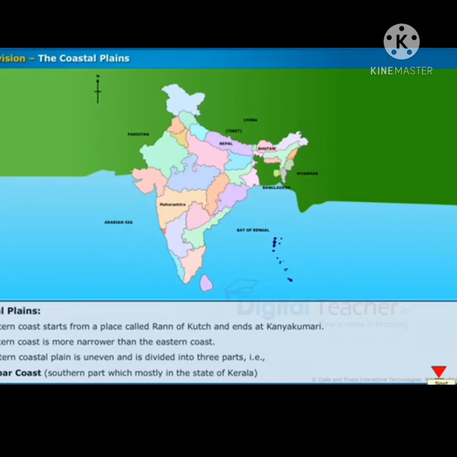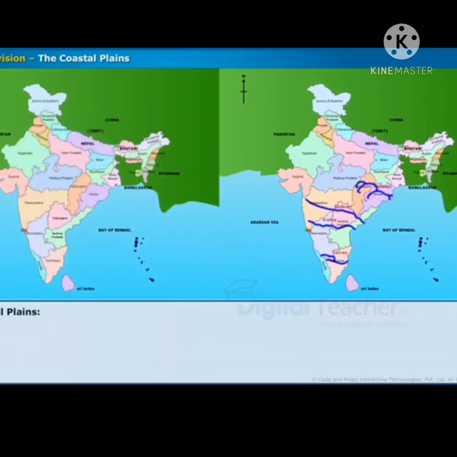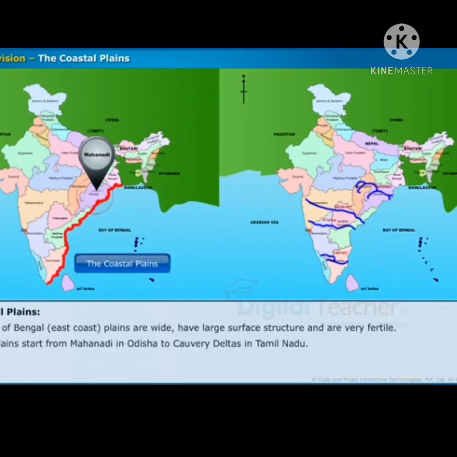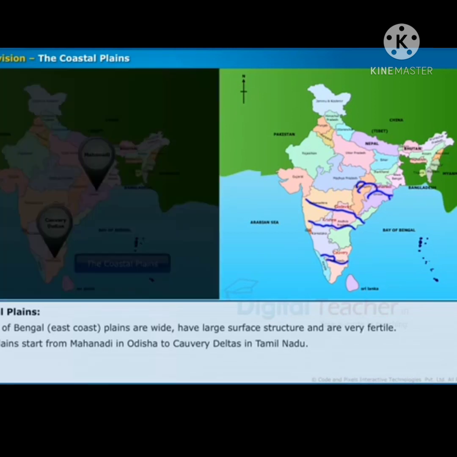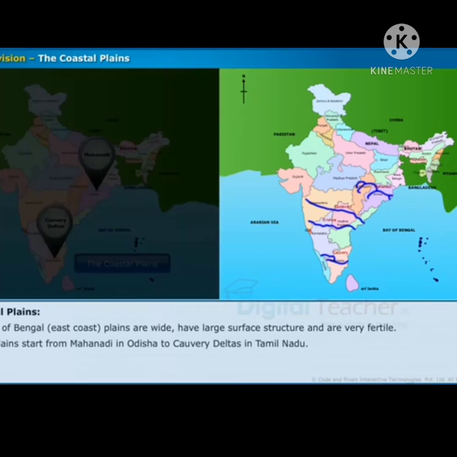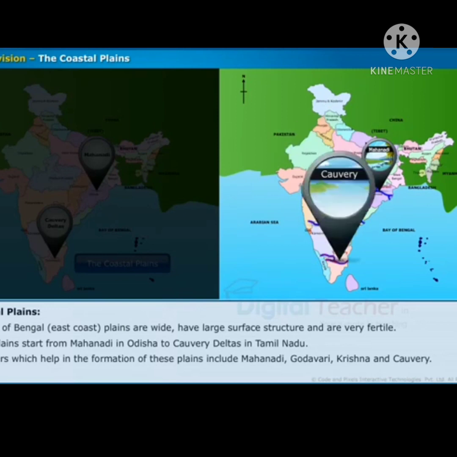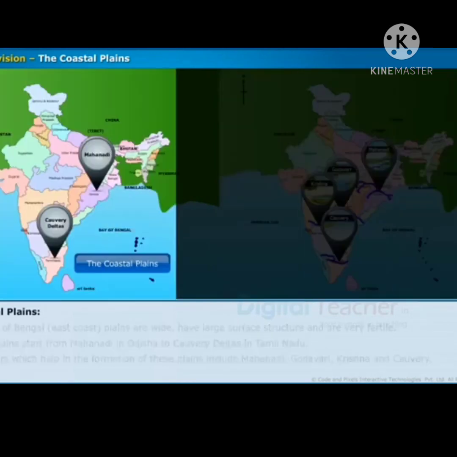The eastern coastal plains are wide and have a large surface structure. It stretches from Mahanadi in Odisha to Kaveri Delta in Tamil Nadu. The eastern coastal plains are formed by rivers Mahanadi, Godavari, Krishna and Kaveri and are very fertile.